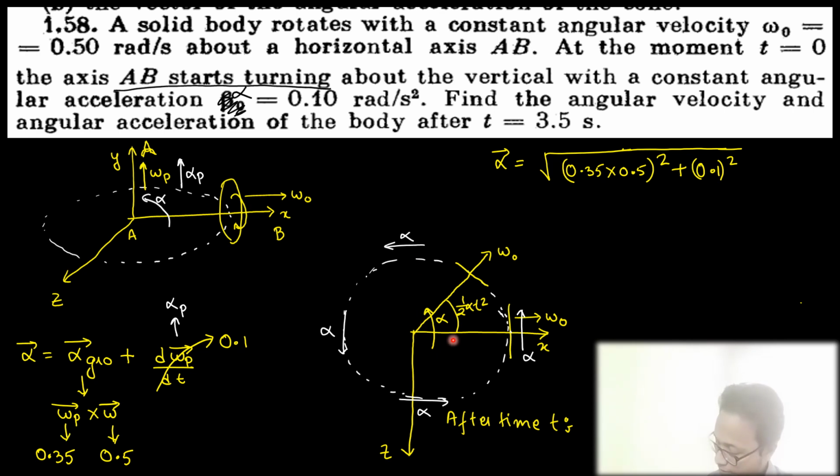Similarly here, if this is accelerating with respect to time, there are two components of angular acceleration. One is along the rate of change of angular velocity and another is the gyroscopic acceleration. Okay, if you put in the values, it would be equal to 0.2 radians per second square.